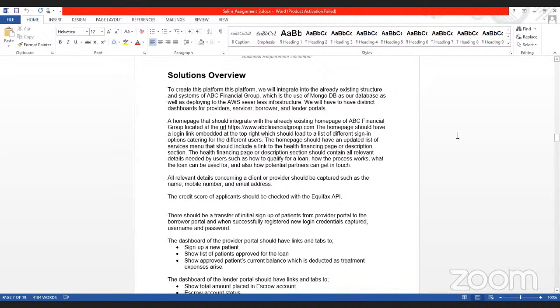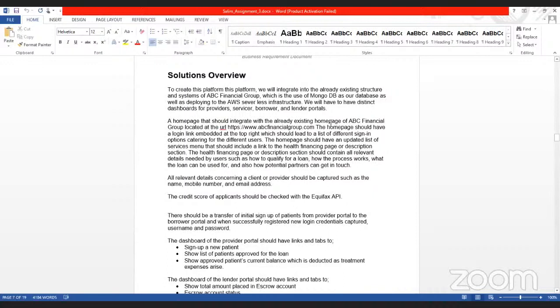So we are assuming that the ABC Financial Group already has an existing infrastructure as mentioned by the stakeholder. As the stakeholder mentioned, they have an address that is abcfinancialgroup.com. So primarily, most of the platform that we are creating would be integrating to the already existing platform that they have.